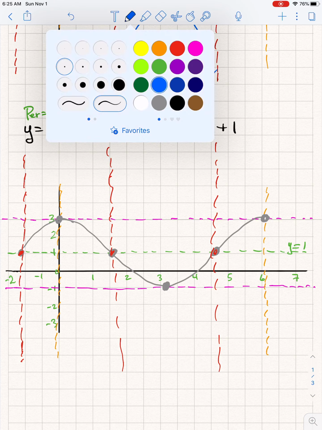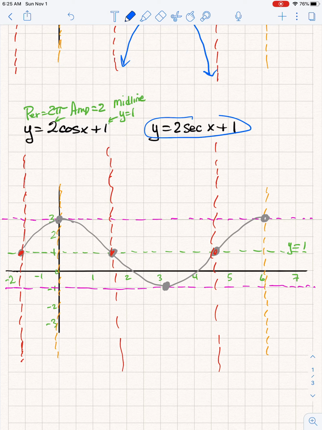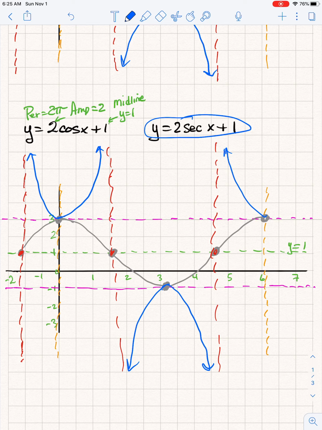Now I'm going to shift to blue and make our secant blue. So reciprocal of the cosine, reciprocal and reciprocal, so I'm flipping it over. And yeah, I think that looks lovely. In fact, I could put one part here while I'm at it. So that should give us in blue 2 secant x plus 1.